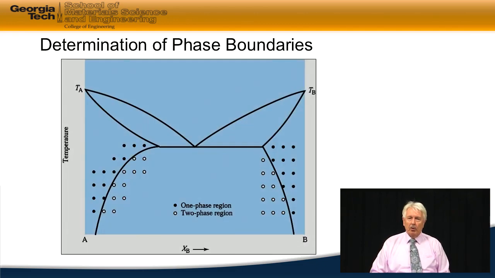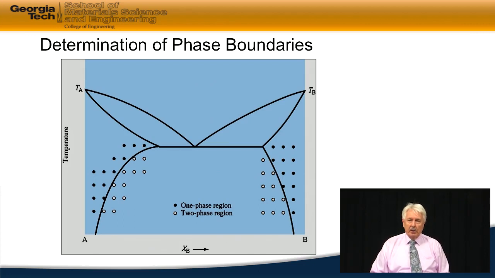Now, if we want to look at solvus boundaries, what I have illustrated on this eutectic diagram are a series of points indicating the examination of the microstructure inside and outside of the single-phase field. When you look outside, in the single-phase field, you're going to see only one phase present in the microscope. So you spend some detailed amount of time looking at different compositions and seeing how many phases are present.